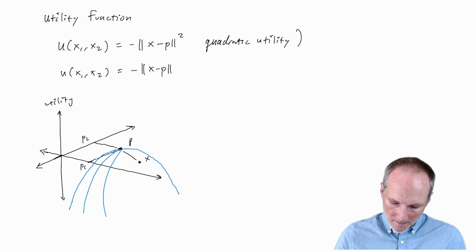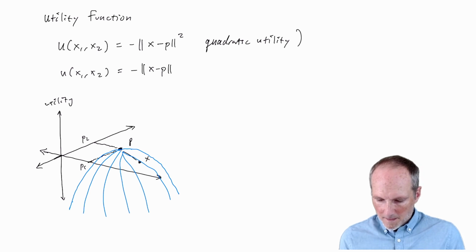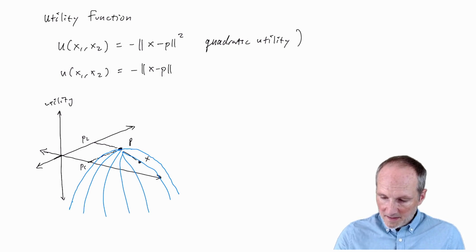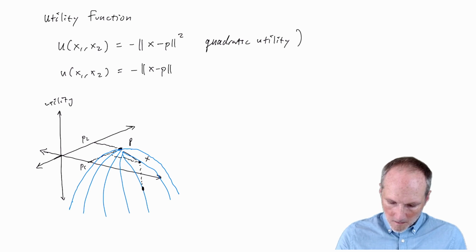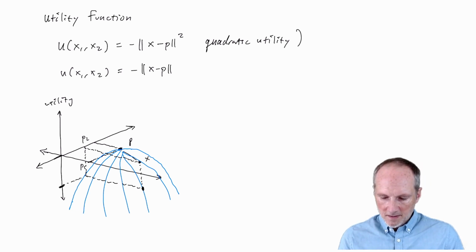And then, to get the utility from x, we would go down until we hit that graph, and then we would go over to this vertical axis to get the utility from x.